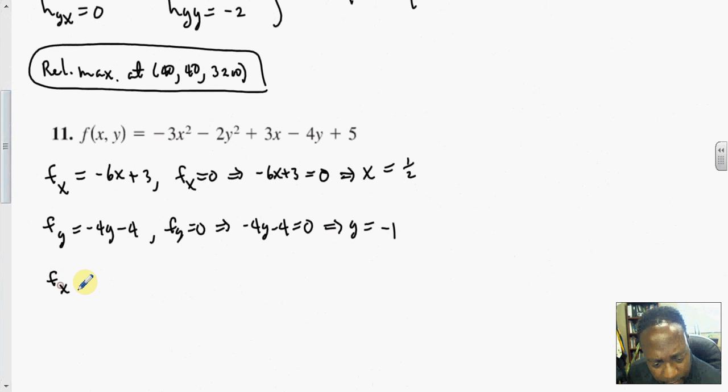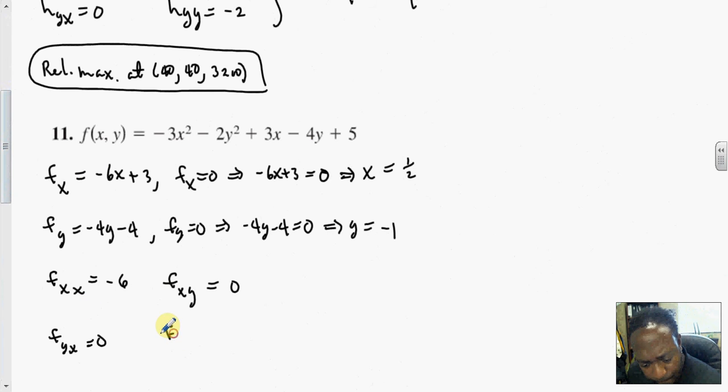So we find the second partials. Find this derivative with respect to x again. That gives us negative 6. Find the partial of this derivative with respect to y. We get 0. The mixed partials are 0. And then the partial of f with respect to y twice. That's negative 4.